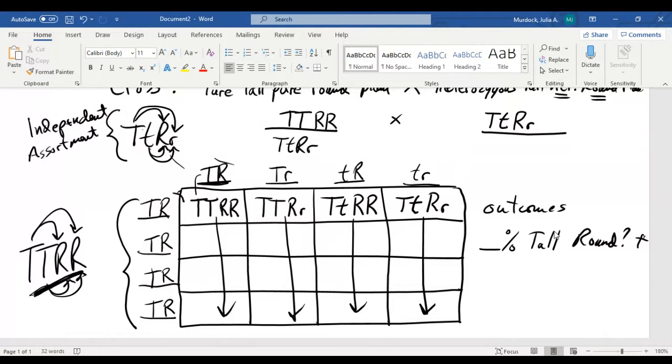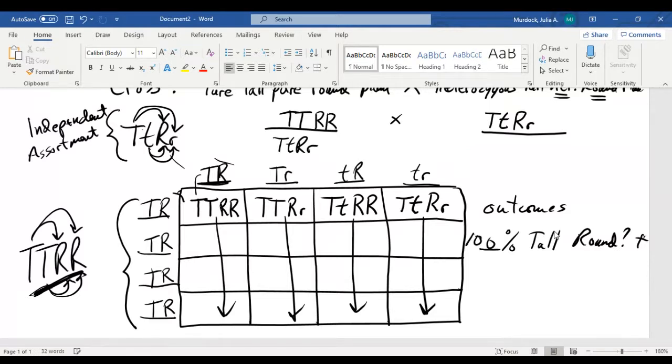And a question. How many of the offspring of these parents are going to be tall and round? Meaning they have to each have at least one big T and one big R, right?